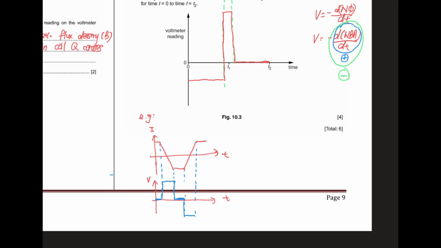And after that, this part has no gradient, no EMF induced. So this is the exam technique that you need to build up, especially in terms of graphs. The gradient represents the EMF induced, so you have to remember that. This is one of the past year questions, so I just quickly put the important part here and discuss with you. Okay, so settle.